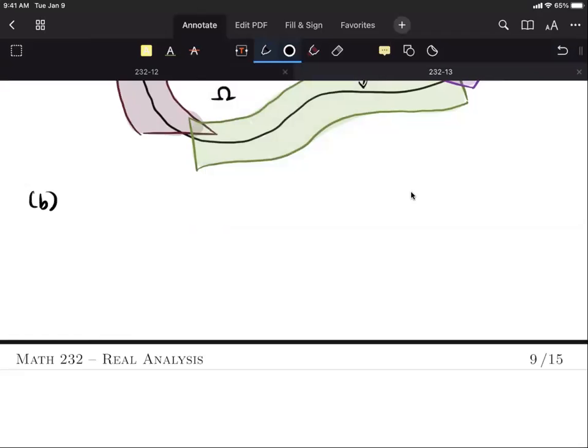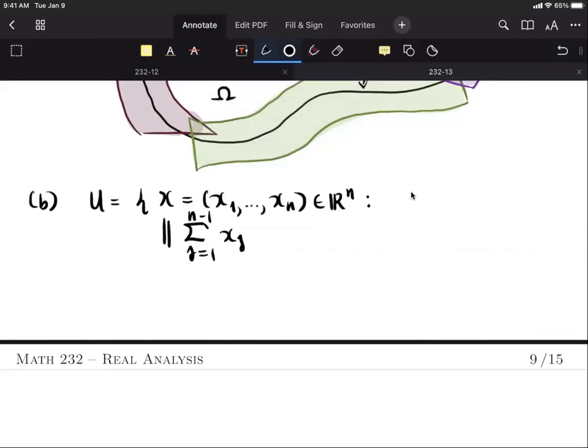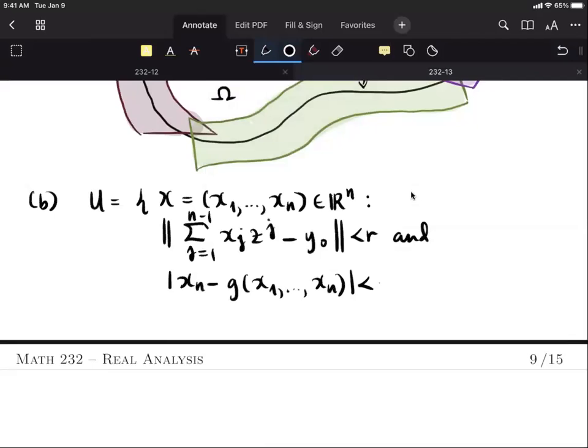You can write U as the set of points in Rn, let's say the components are x1 to xn, such that the Euclidean norm of this linear combination, so here we're taking all components except the last, minus the reference point, is less than R. And at the same time, for the last component, xn minus g of the first n minus 1 components is less than h.